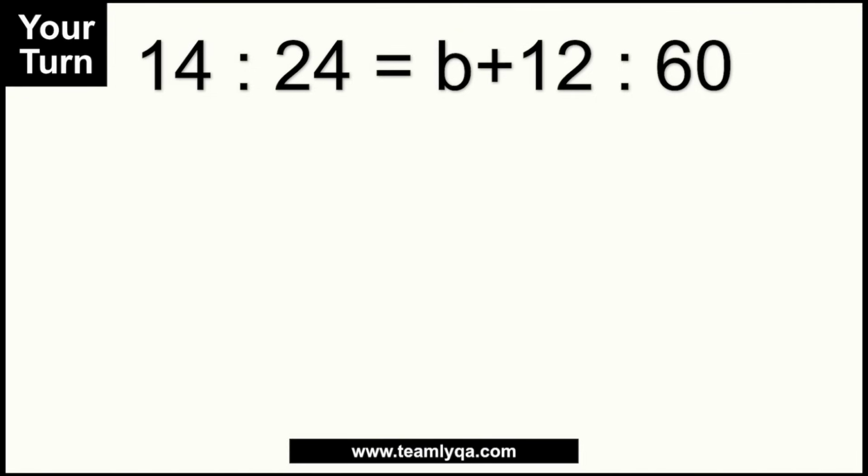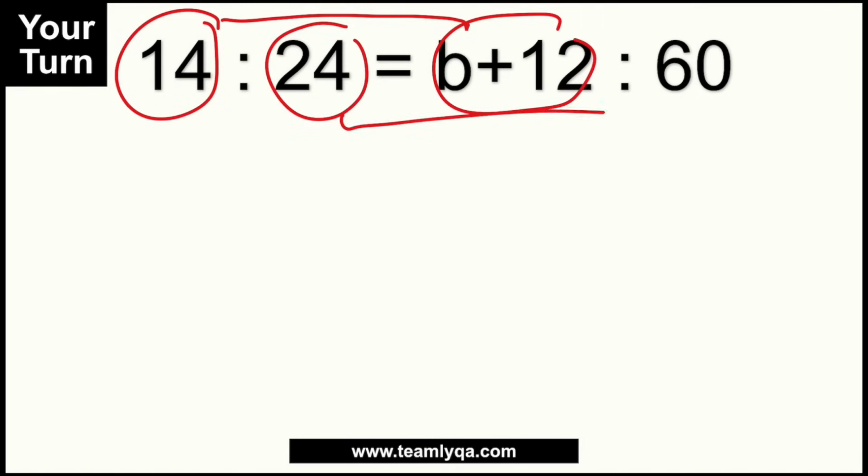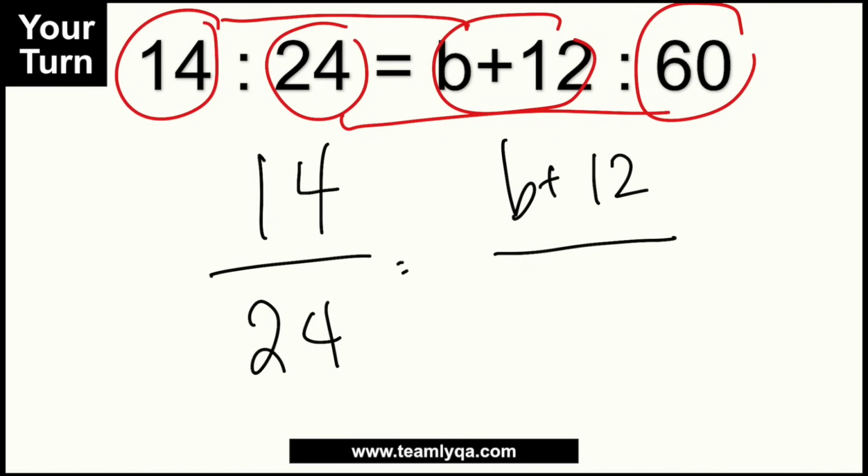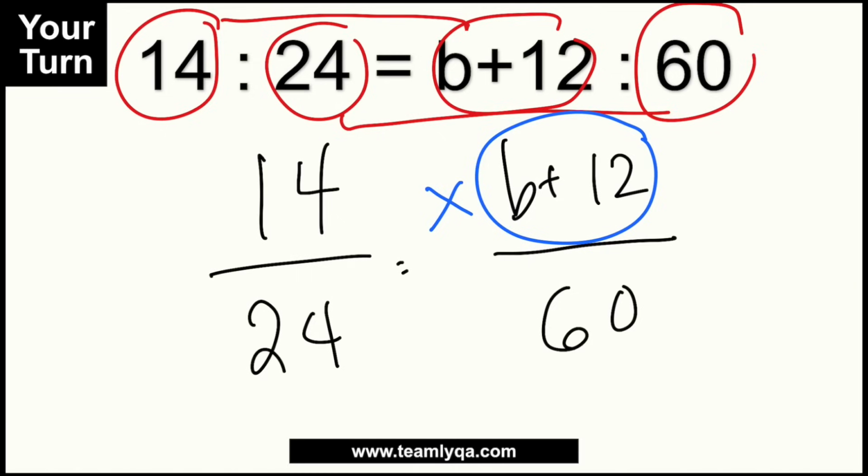Alright, so let's see how you did. Again, starting out with yung ating mga fractions. Gagawin lang natin, itatapat lang natin sila. Pag nire-write natin yan, that would be 14 over 24 is equal to b plus 12 all over 60. Okay? Now again, ititreat lang natin yung b plus 12 as a regular x.